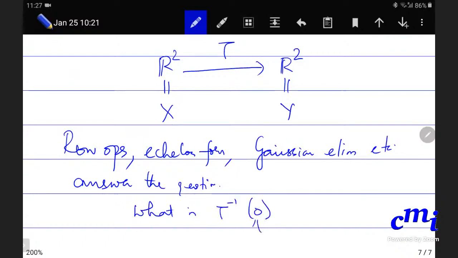This is the 0 vector in Y. Think of this as a function. We're looking at the pre-image of the point 0 in Y. That's what we're asking. But what does this row operation do?